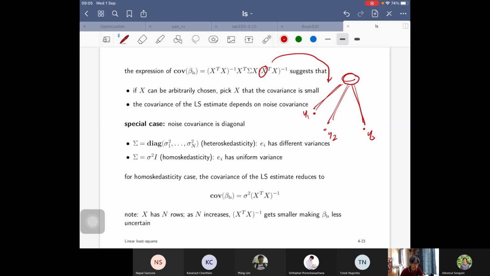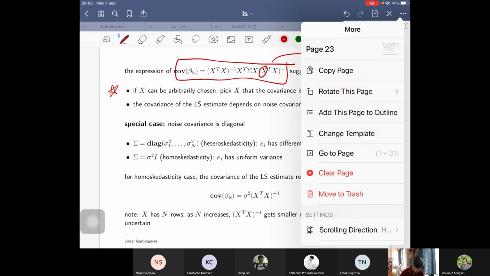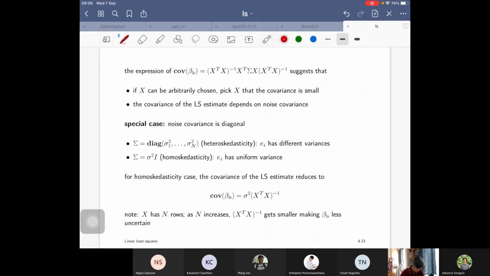It's hard to explain now, but I have some application problems that illustrate this property: in some applications you're the one who can decide the matrix X. In that case, you want to design X such that the whole covariance matrix is small, because that can reduce the uncertainty in your estimator.